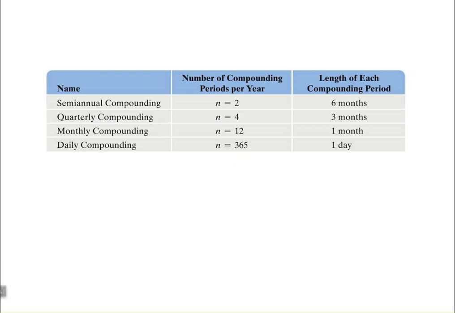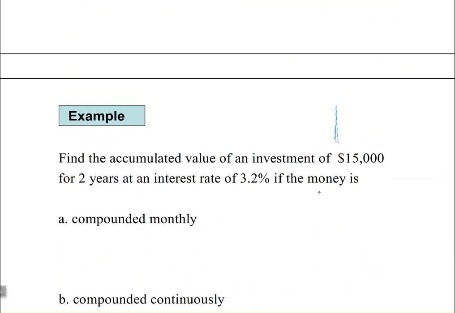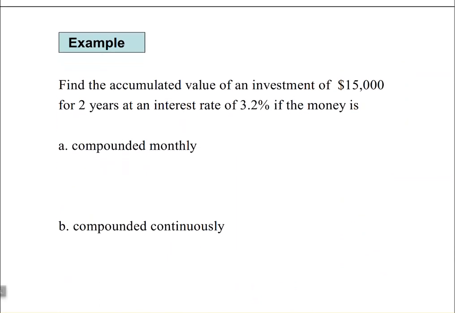All right, let's take a look at an example. It says, find the accumulated value of an investment of $15,000 for 2 years at an interest rate of 3.2% if the money is A, compounded monthly, B, compounded continuously. If it's compounded monthly, then we use the first formula.